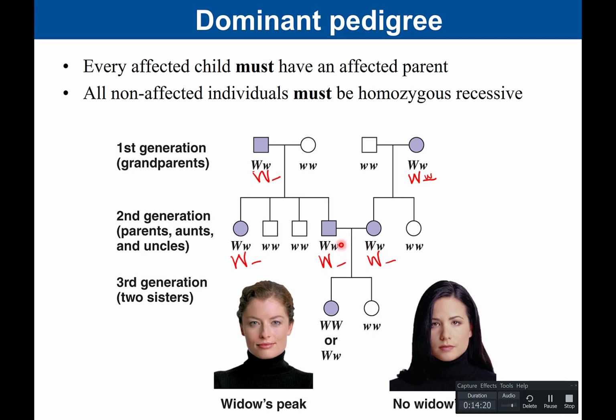Because if these parents are big W, little w, by chance the child could be big W, or big W, little w. We can't make an assumption on that because we don't know what the second allele is going to be. And so this one is one that's unknown.